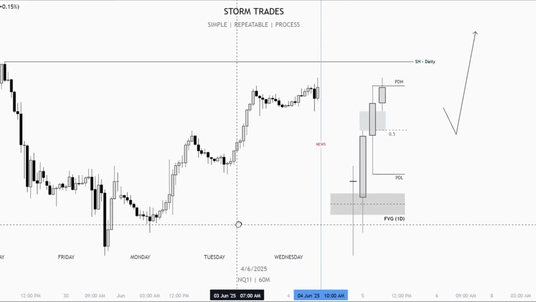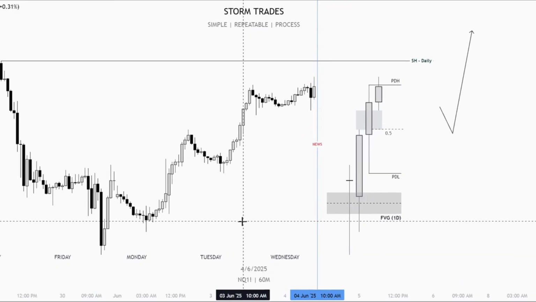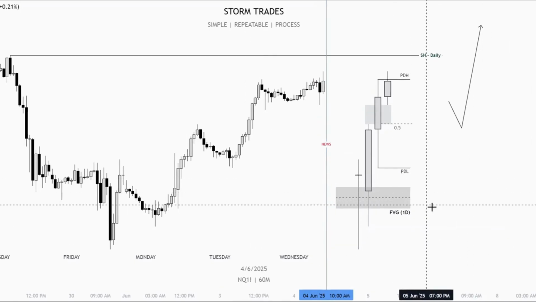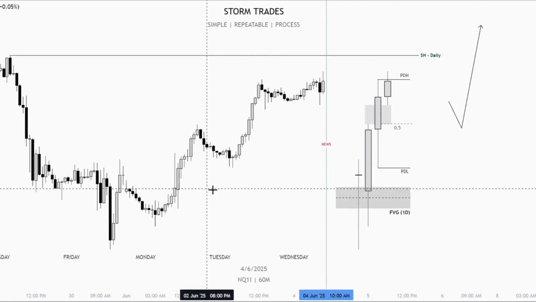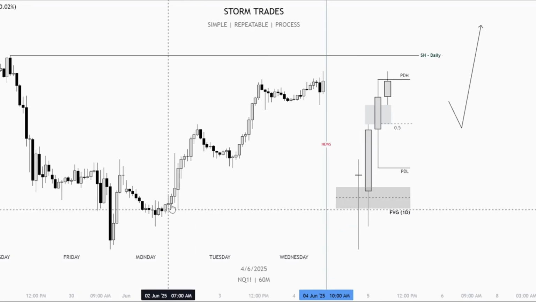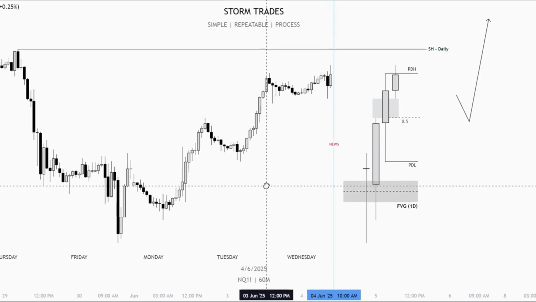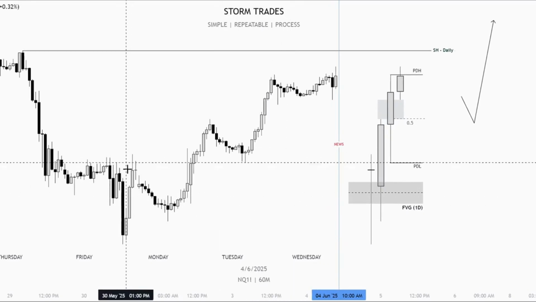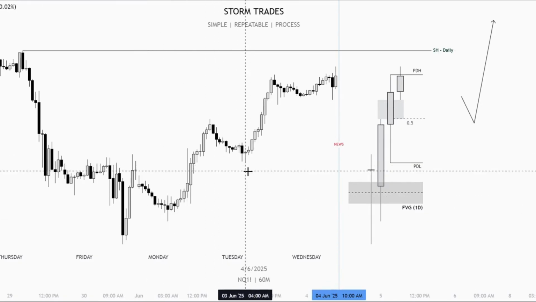So when I'm analyzing the hourly time frame, I am looking for changes in the state of delivery. I'm looking for those to be qualified with displacement, and I'm looking for things that are, again, clear to me, right? So higher highs, higher lows, higher highs, higher lows.